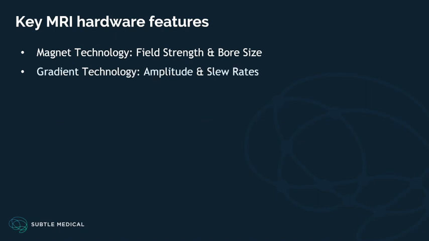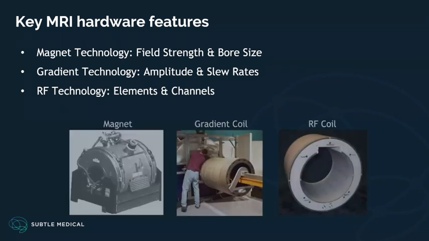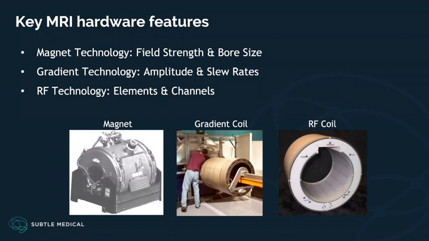The gradient technology in terms of the amplitude and the slew rates, which greatly contribute to the image quality, to the performance of a particular scanner. And the RF technology, the coil technology, how that has come along in terms of the elements and the channels. So all three of these are very critical technologies, which have helped in advancing MR from where it was in early days compared to what it is today.